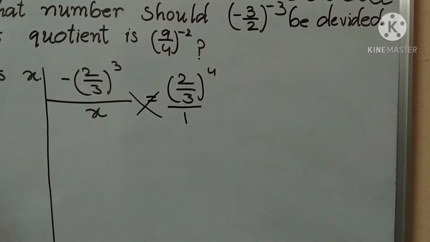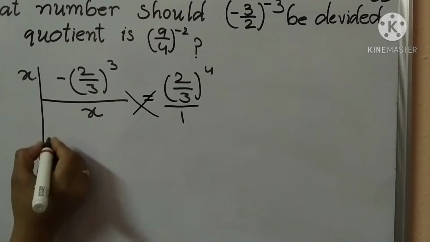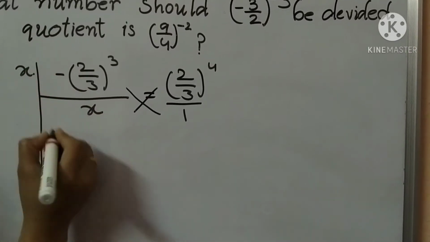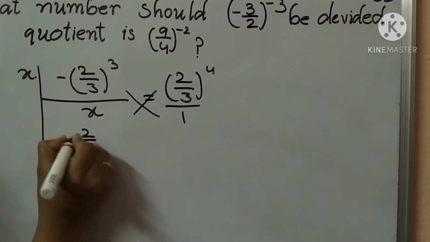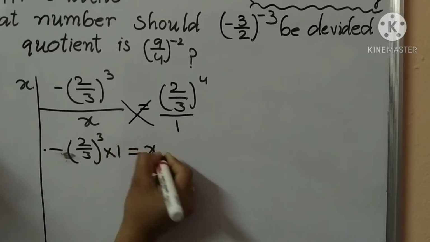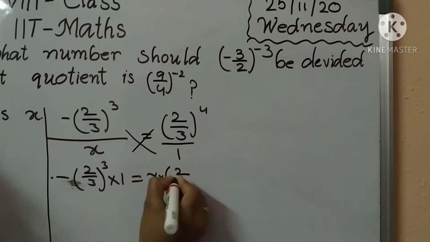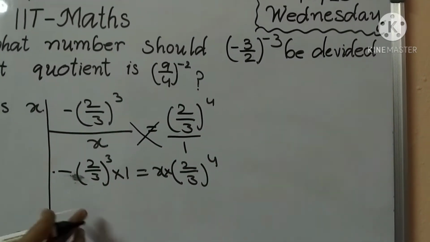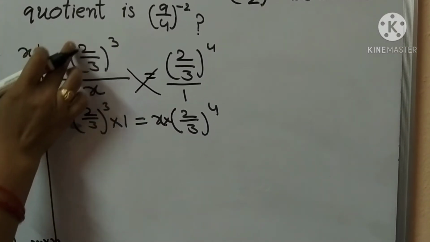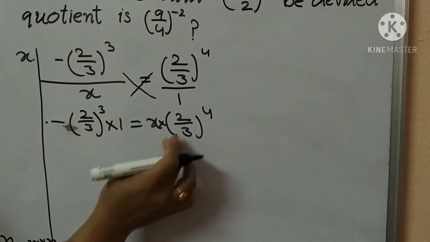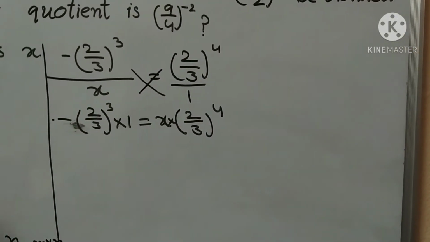Do the cross multiplication. Did you understand, children? Cross multiplication: 1 into (-2/3)^3 is equal to x into (2/3)^4.